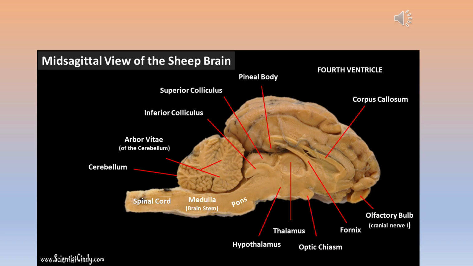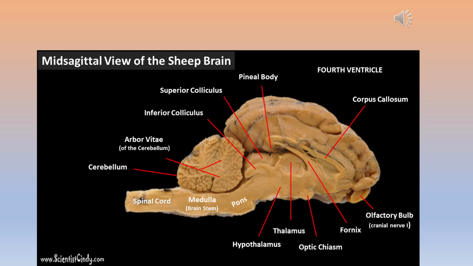It is not labeled there, but you can see there is a membrane. The membrane is called the septum pellucidum. It separates the left lateral ventricle from the right lateral ventricle. That open space also has a floor that is labeled there. The floor of the lateral ventricle is called the fornix.